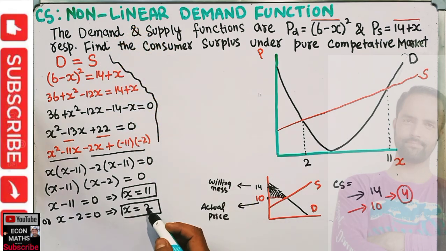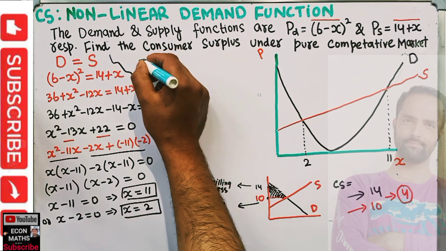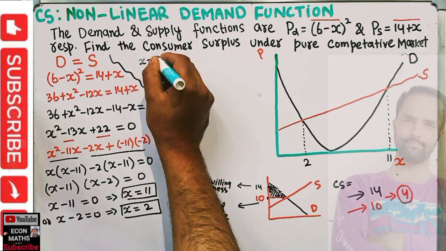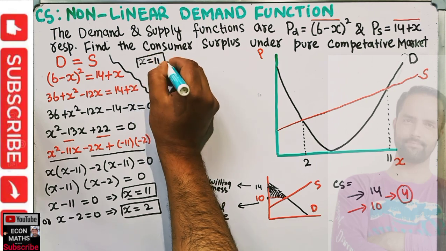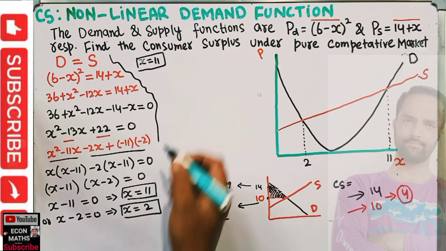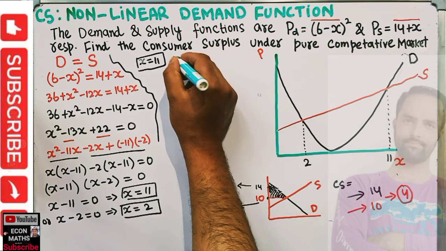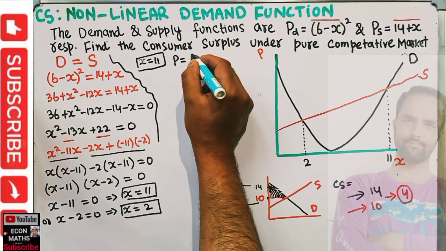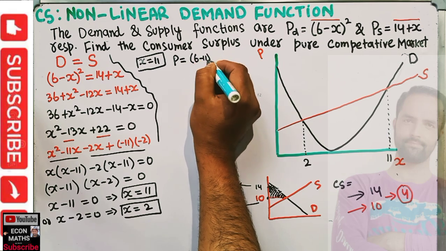So when x is equal to 11, what is the price? Let's plug x is equal to 11 in the demand function, so the price will be equal to 6 minus 11 whole square.